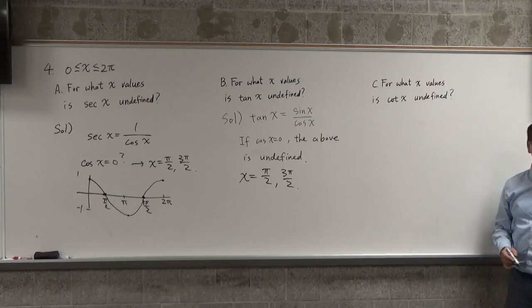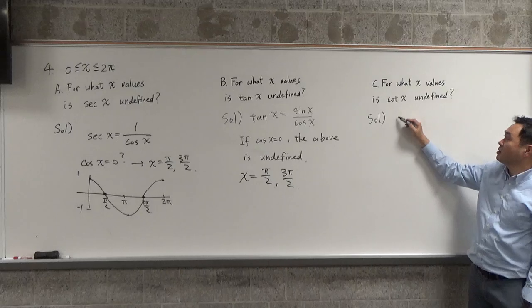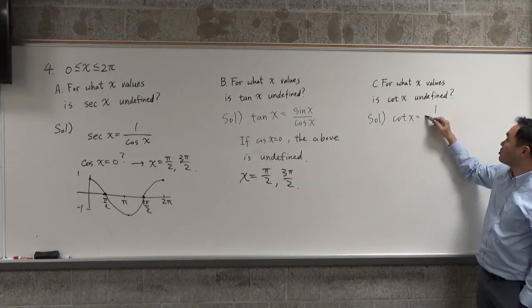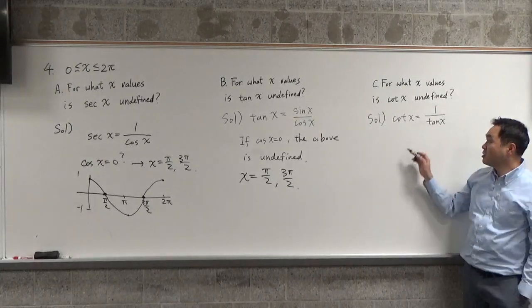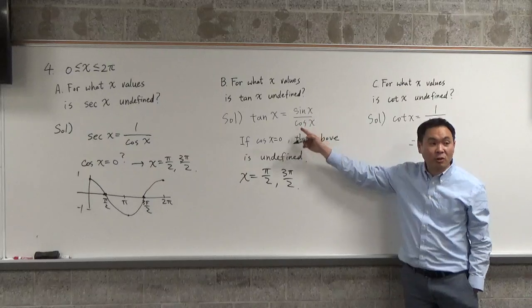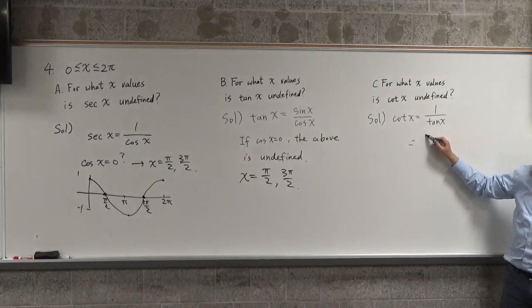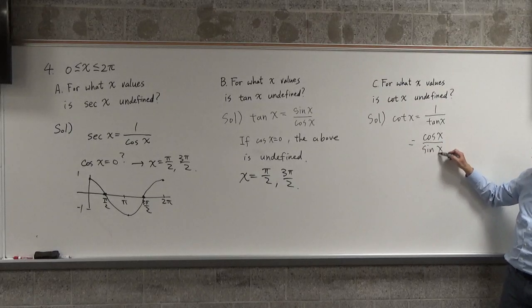Okay, what about the cotangent of x? Cotangent is 1 over what? Cotangent of x is 1 over tangent, which means it's the reciprocal of tangent. Since tangent is sine x over cosine, the reciprocal would be cosine over sine. You flip top and bottom.